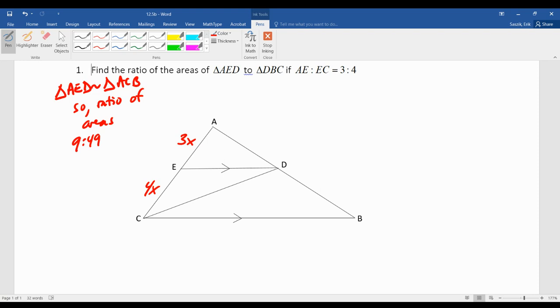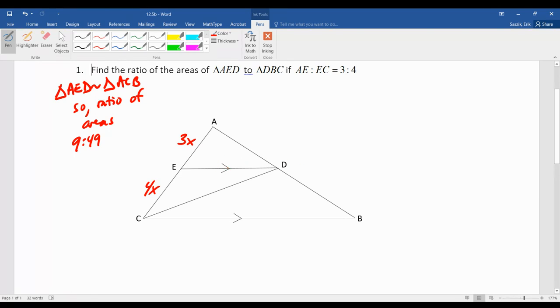Okay, let's see what we can do here now. So here we have the ratio of these areas has to be 3 to 4, and some multiple of that.